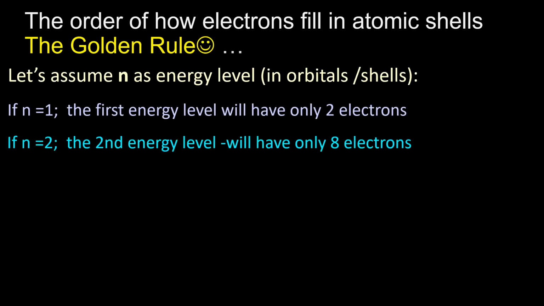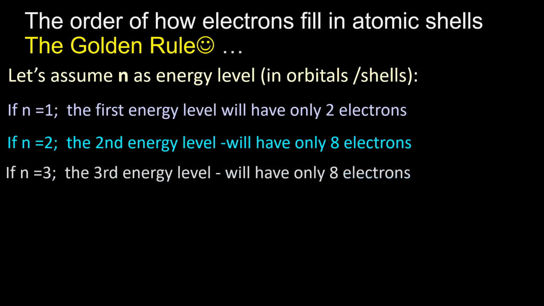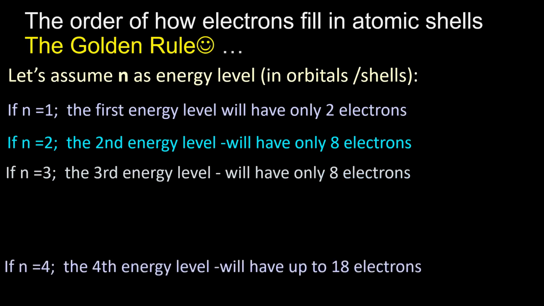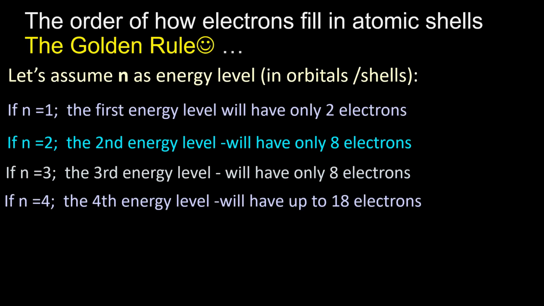If N is 2, the second energy level, it will only have 8 electrons. If N equals 3, another 8. The third energy level will have only 8 electrons. But if N is 4, it's quite a large energy level, which will have up to 18 electrons.